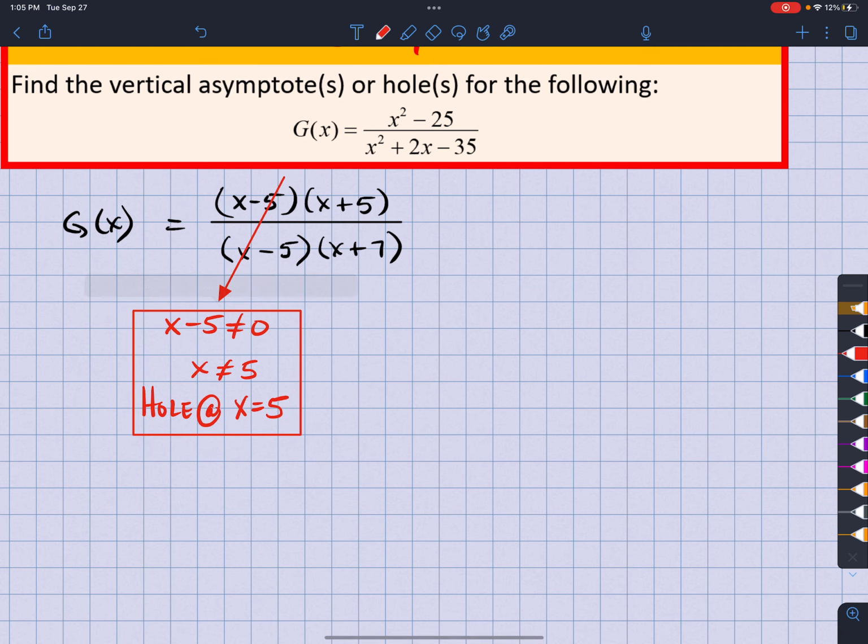There we go. And since the x plus 7 doesn't cancel, I've got x plus 7 cannot equal 0, so x cannot be negative 7. That means I have a vertical asymptote at x equals negative 7 because it doesn't cancel.